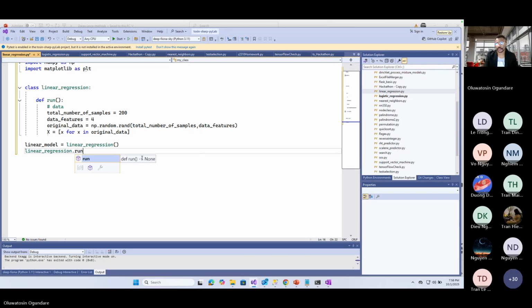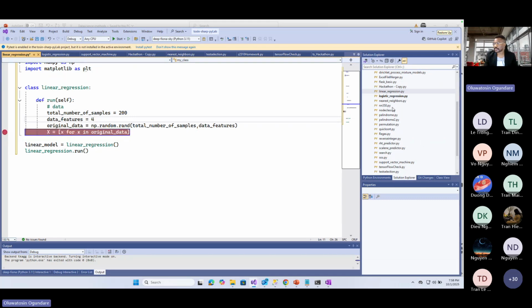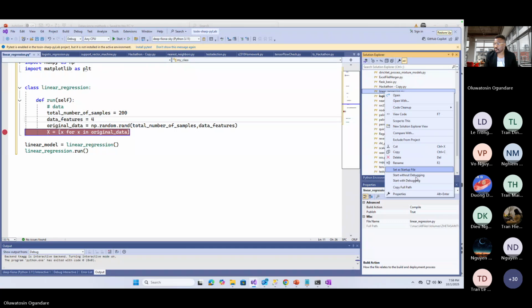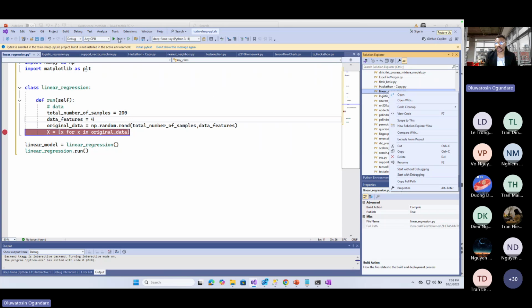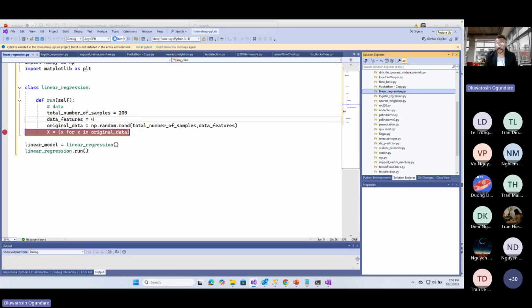Run. So we should have self. So this could work. And then we can execute this script. All right, so let's look at what we have here.